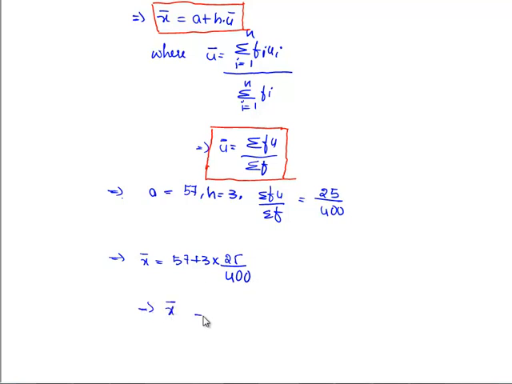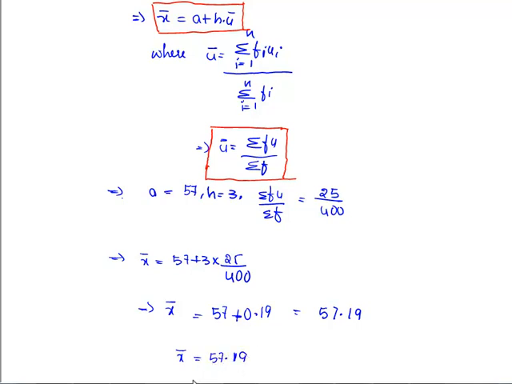By resolving it, we get x bar is equal to 57 plus 0.19, that is 57.19. Hence, the mean number of mangoes kept in the boxes is x bar equal to 57.19.